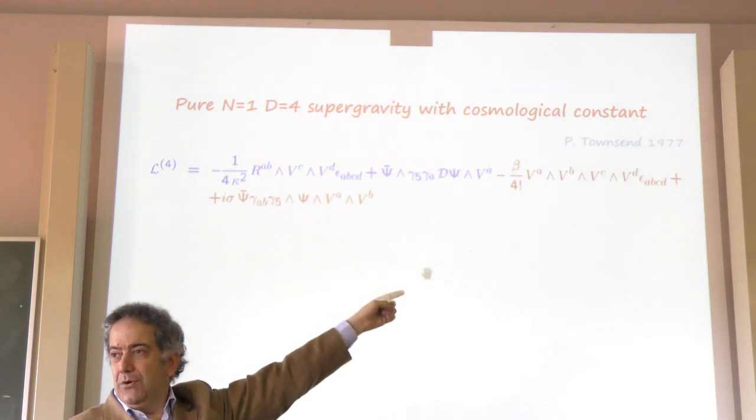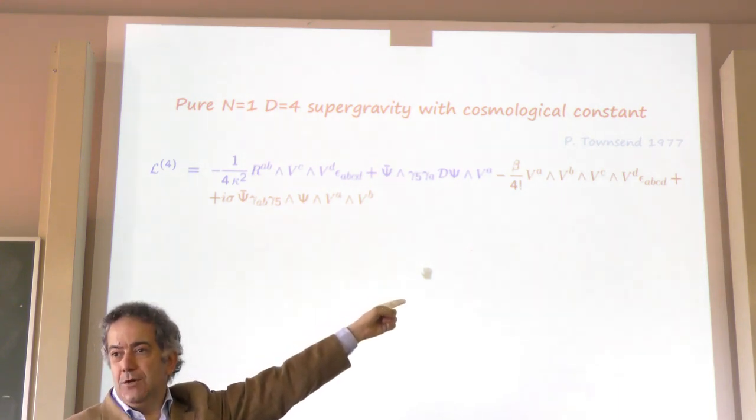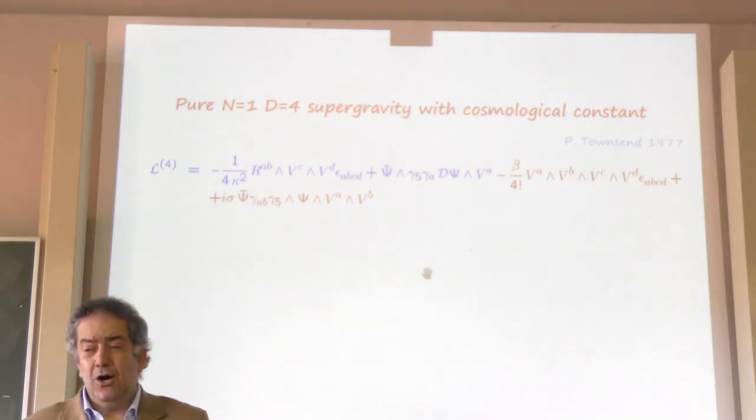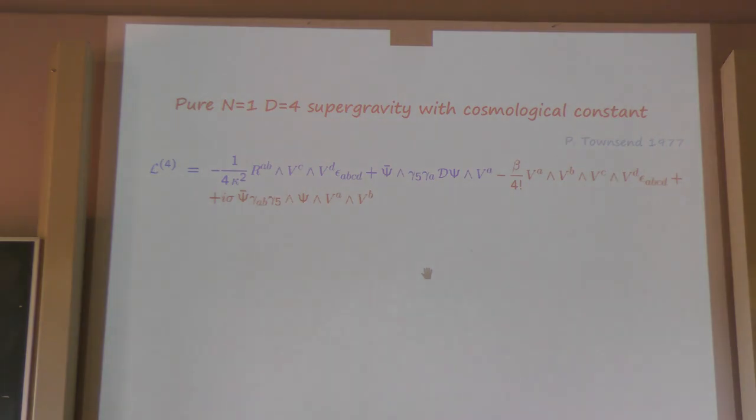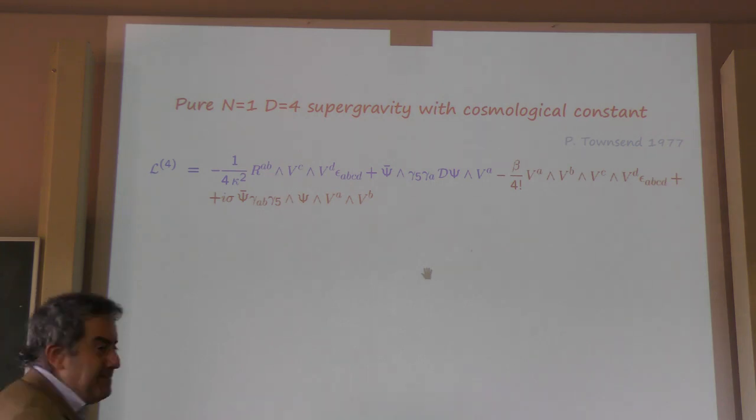So adding to pure N=1, D=4 a cosmological constant. Now, what's the advantage with this? Well, first of all, the pure N=1, D=4 supergravity has just one vacuum, which is the Minkowski vacuum. This actually now is a non-trivial vacuum, which has a cosmological constant. As we shall see, it's going to be an anti-de Sitter vacuum. So somehow it's more interesting.